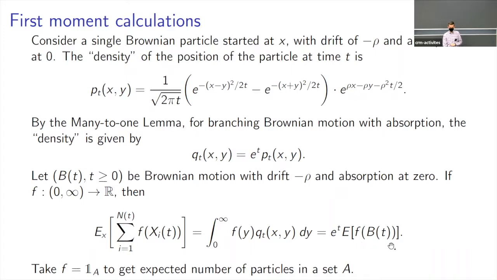And here we have to think of f(B(t)) as being 0 if the Brownian particle is absorbed before time t. And so the point here is that we can calculate expected values about branching Brownian motion by making calculations that involve just a single Brownian particle. And that's why this result is called the many-to-two lemma.